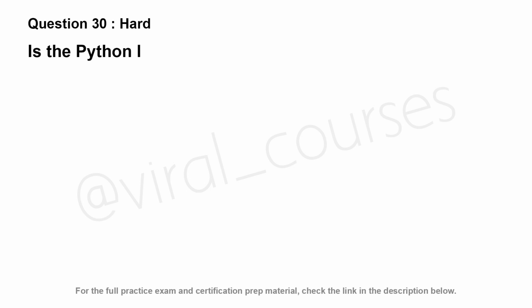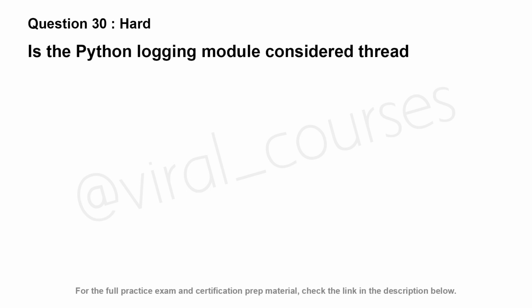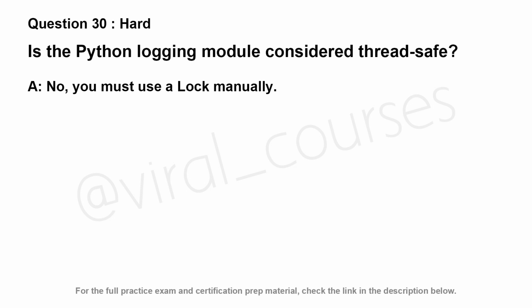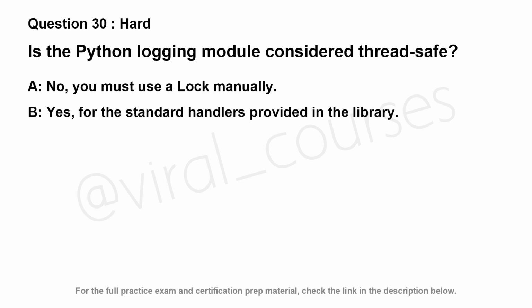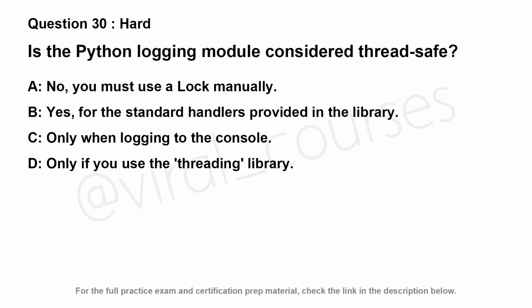Is the Python logging module considered thread safe? Option A, no, you must use a lock manually. Option B, yes, for the standard handlers provided in the library. Option C, only when logging to the console. Option D, only if you use the threading library.